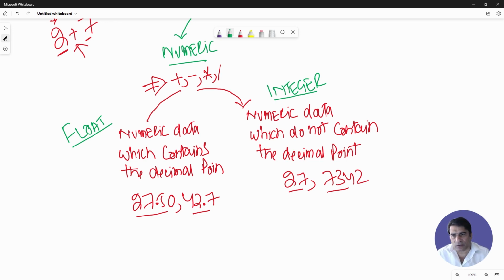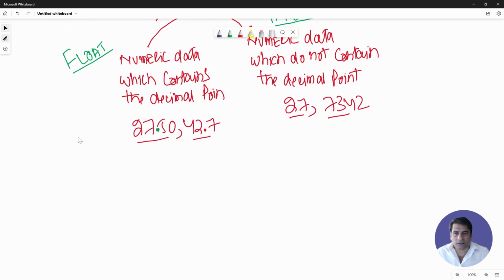Whenever we use the word float, it means we are talking about numeric data on which we can do mathematical operations, but that numeric data can contain the decimal point. And numeric data which does not contain a decimal point is called an integer. So from now on we will be using the terms integer and float.